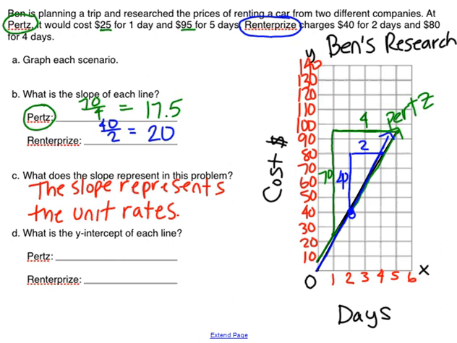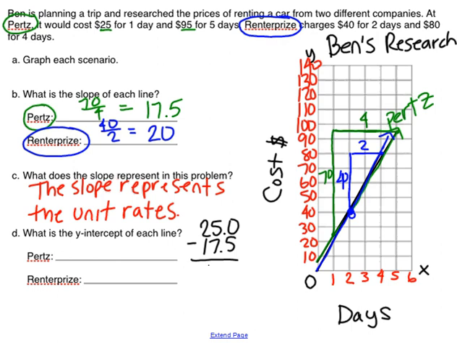Okay, now we're going to find the y-intercept. So for Hertz, this is in blue, it was $25 on day 1, and we had a slope of 17.50. So if I do 25 minus 17.50, that's going to tell me what the cost would be at 0 days.